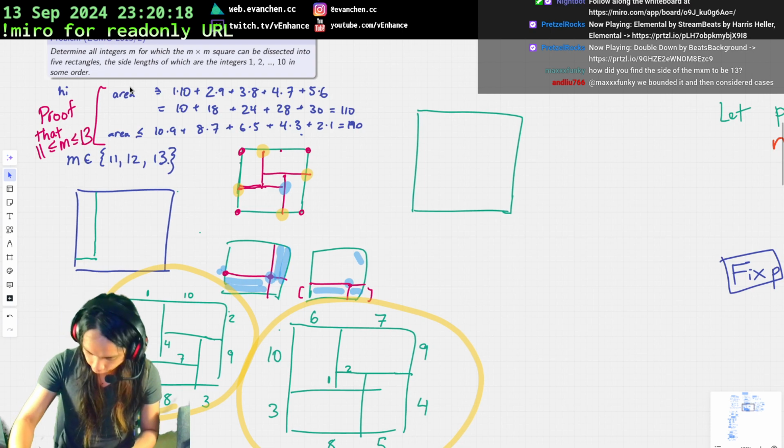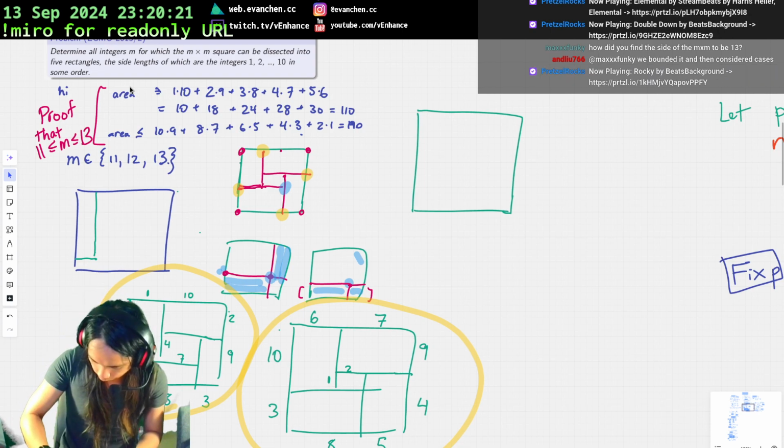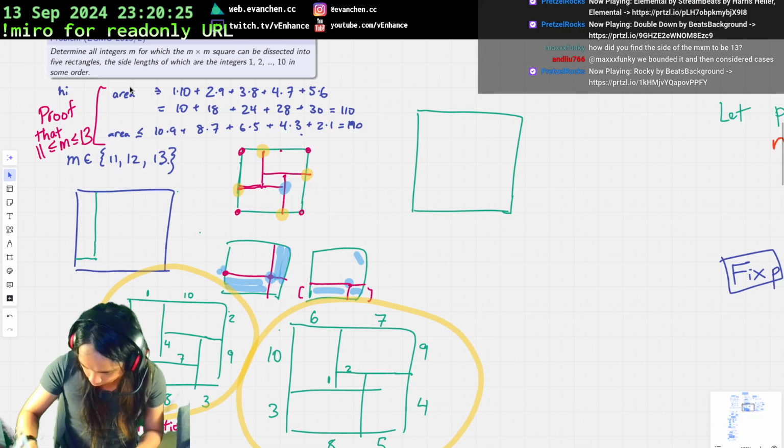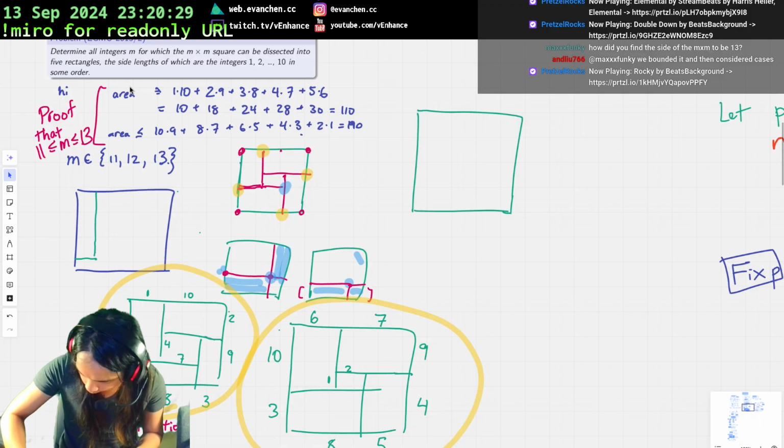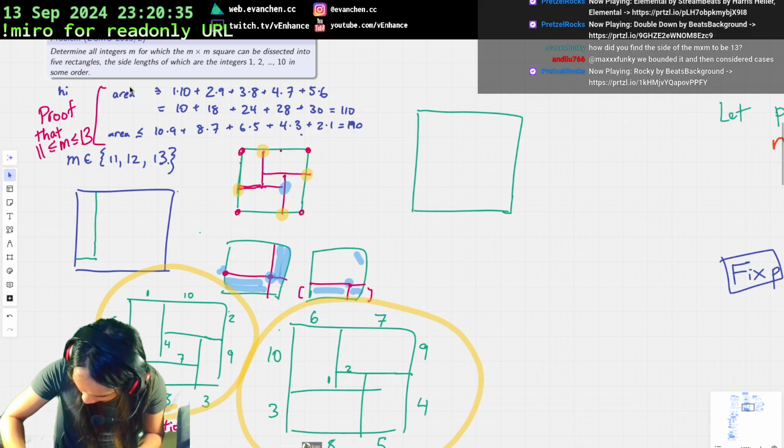This is a construction for m equals 11. And this is a construction for m equals 13.